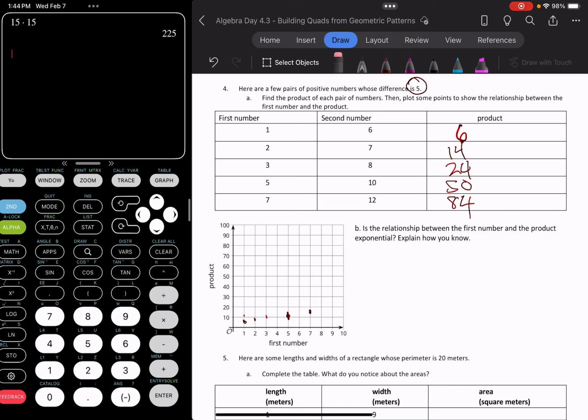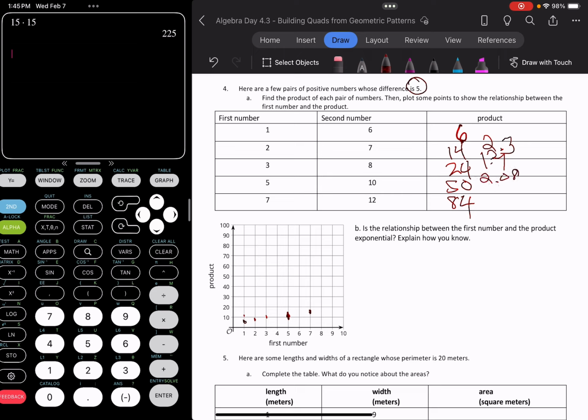And then if we want to go ahead and see if it could be exponential, then we could divide 14 divided by 6 gives us 2.3. 24 divided by 14 gives us 1.7. 50 divided by 24 gives us 2.08. So we're kind of like all over the place here.